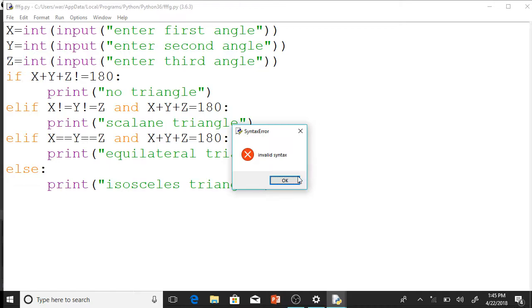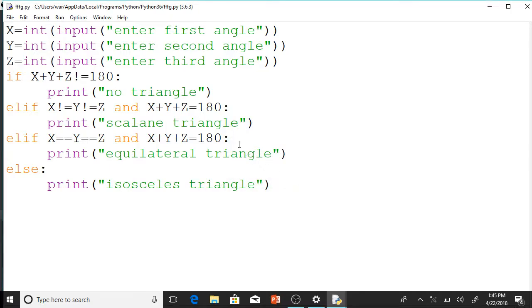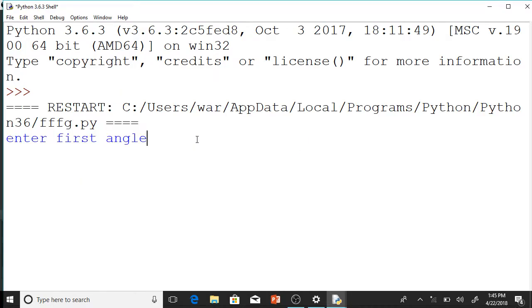Oh sorry, there is a mistake somewhere. We have to write double equal because we are comparing. Now here, same for here. Comparing it.